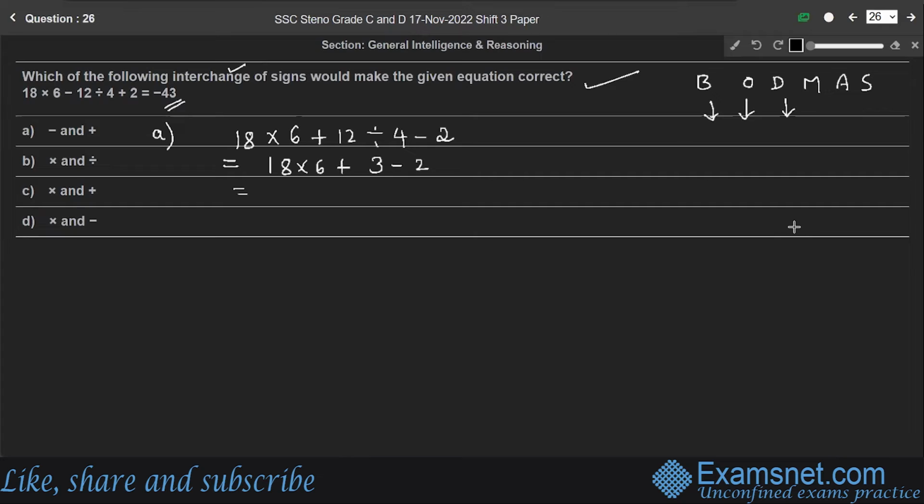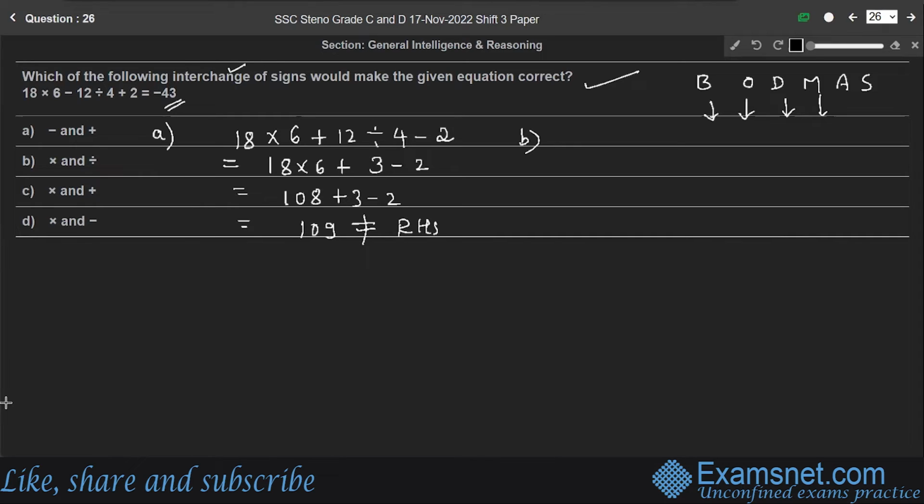Next comes multiplication: 18 into 6 is 108, plus 3 minus 2. Next comes addition: 111 minus 2 is 109, which is not equal to the right hand side part, which is minus 43. We'll go for the second option, option B.